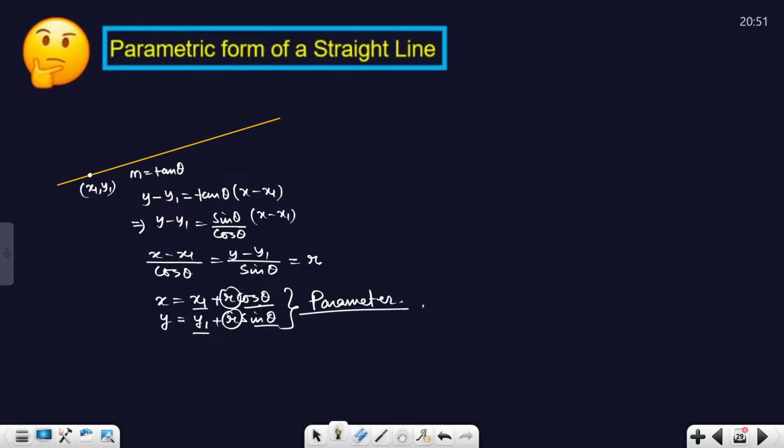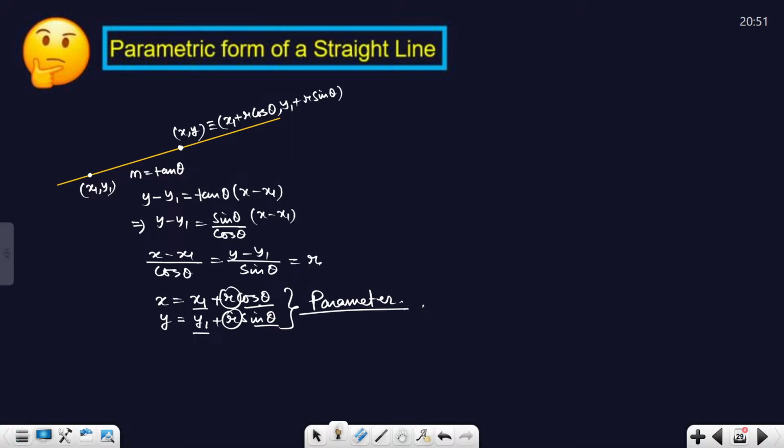But what does actually this r represent in case of straight line? You see, what is x and y? Just now you have said that x and y is any point on this line. So it can be this point, it can be this point, it can be this point, any point. Okay? Let us say that we are considering this point. So this point is your x comma y, which is basically your x1 plus r cos theta, y1 plus r sine theta.